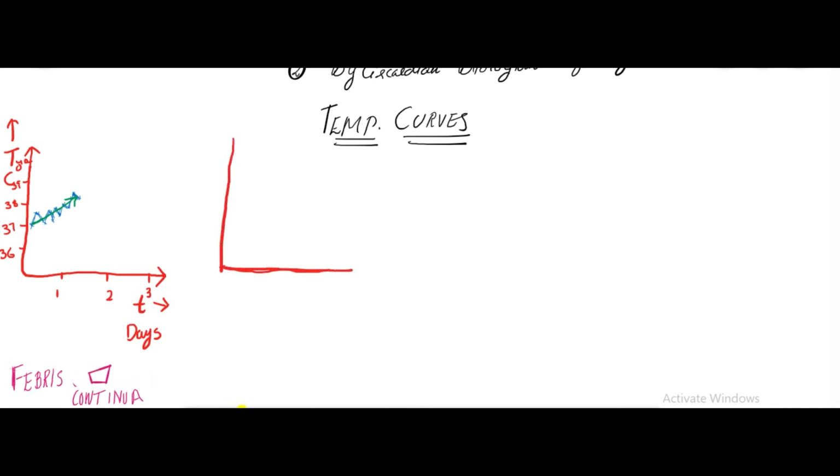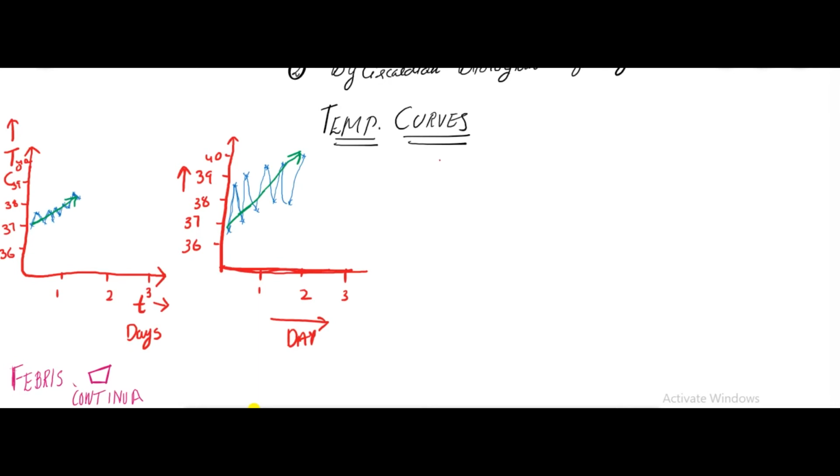And the second curve: you can see the fluctuation is more than 1 degree Celsius. You can see from 37 to 39, and the temperature can be raised or lowered, but we can see a gradual increase.